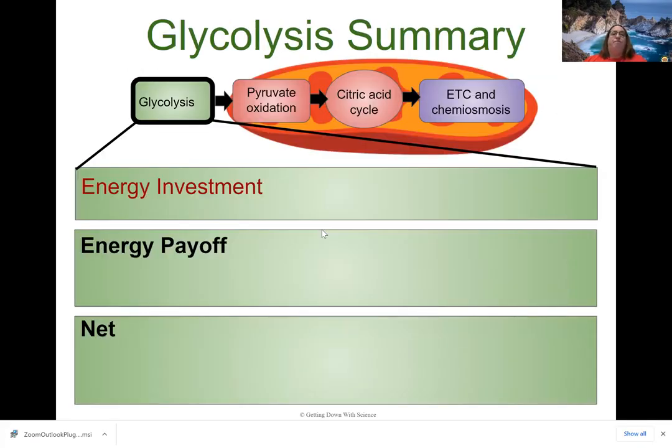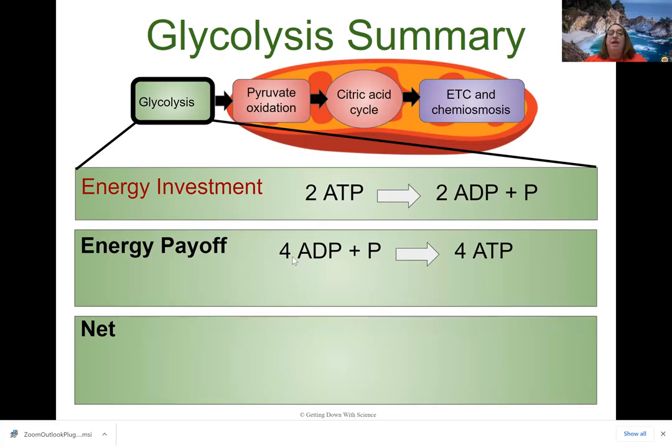Okay, so summarize this process. In terms of the energy investment, we put 2 ATPs in, we get 2 ADP plus P out. The payoff, we get 4 ATP out. So we put 2 in, we get 4 out. You deposit 50 cents and you get $1 out.